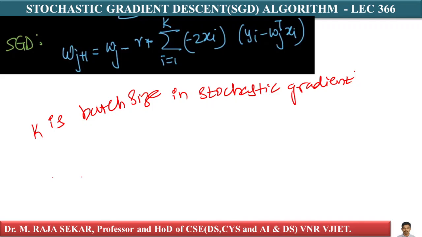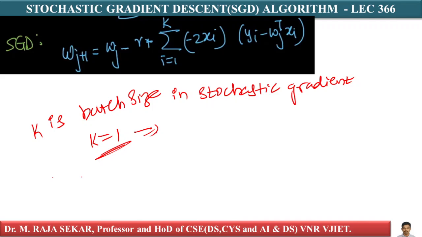Oftentimes people just use k equal to 1, and call it SGD. And k greater than 1, but of course significantly less than n, is often called batch SGD, isn't it?